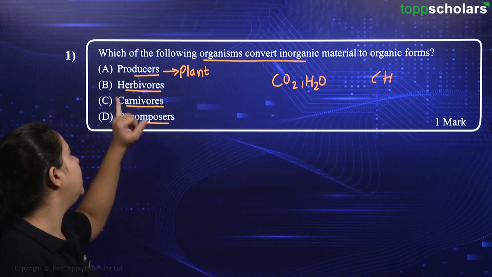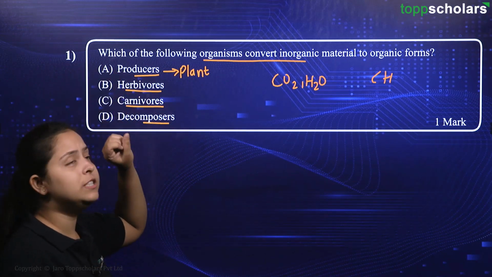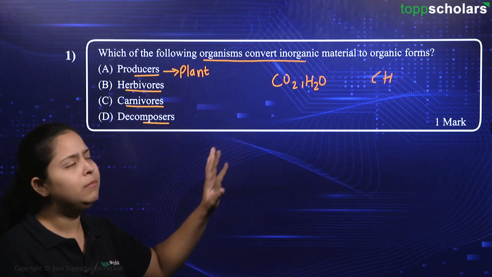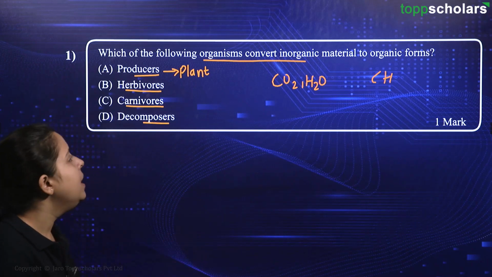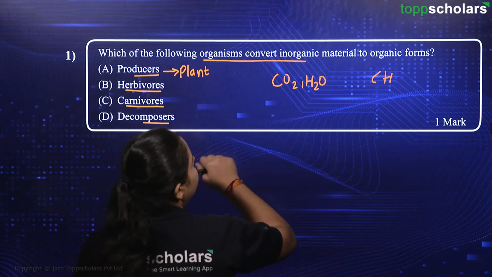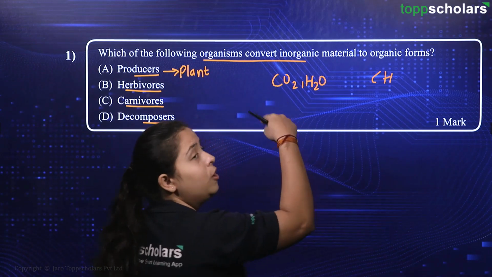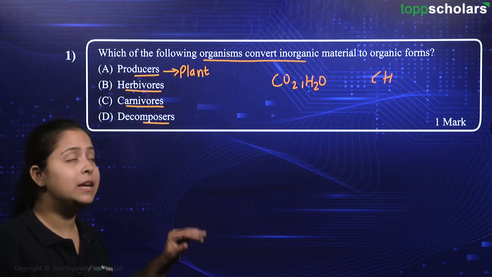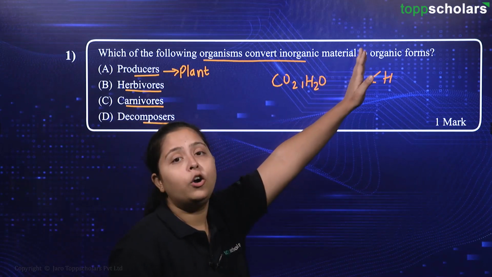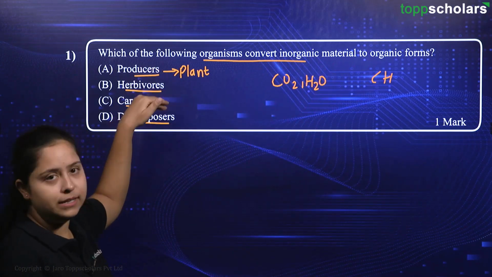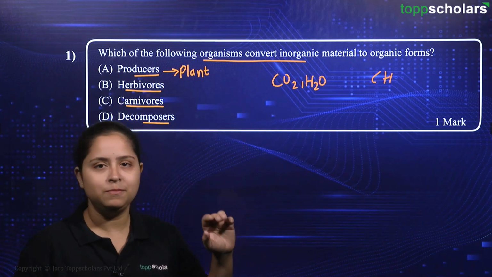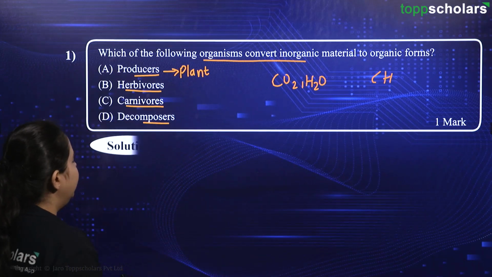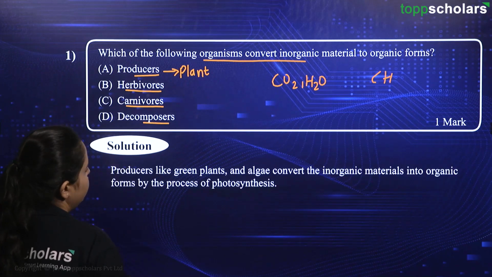If you know what are herbivores, producers, carnivores and decomposers, you will be good to go with any question that is coming up in any way possible. Now if I say which of these organisms actually convert the organic forms into inorganic forms, then you will be choosing the correct answer as decomposers because they are degrading the organic forms present in the organisms into the inorganic material. So coming back to the answer of this question, the correct answer is the producers.